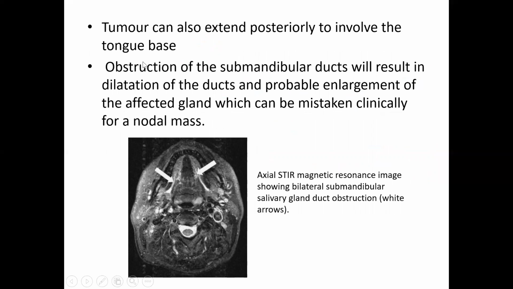Tumor can also extend posteriorly to involve the tongue base. Obstruction of the submandibular ducts will result in dilation of the ducts and probable enlargement of the affected gland, which can be mistaken clinically for a nodal mass. So the tongue base can also be involved by the tumor in the oral cavity, and submandibular gland ducts can be obstructed.